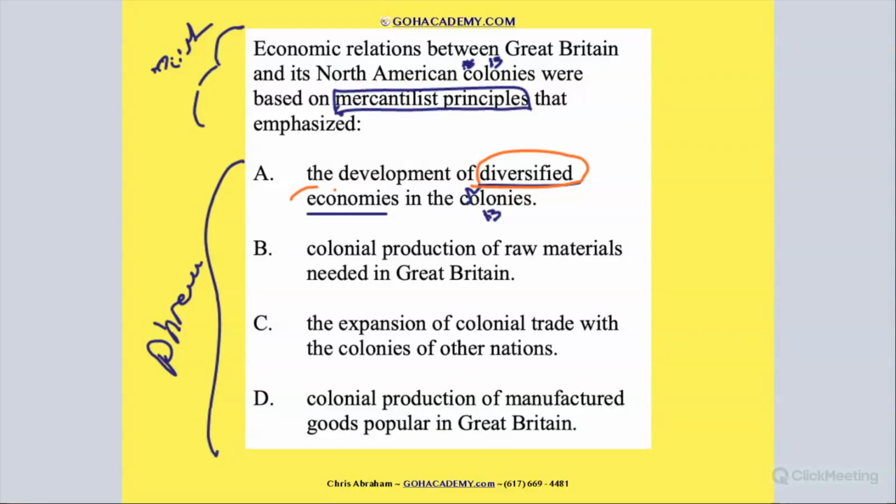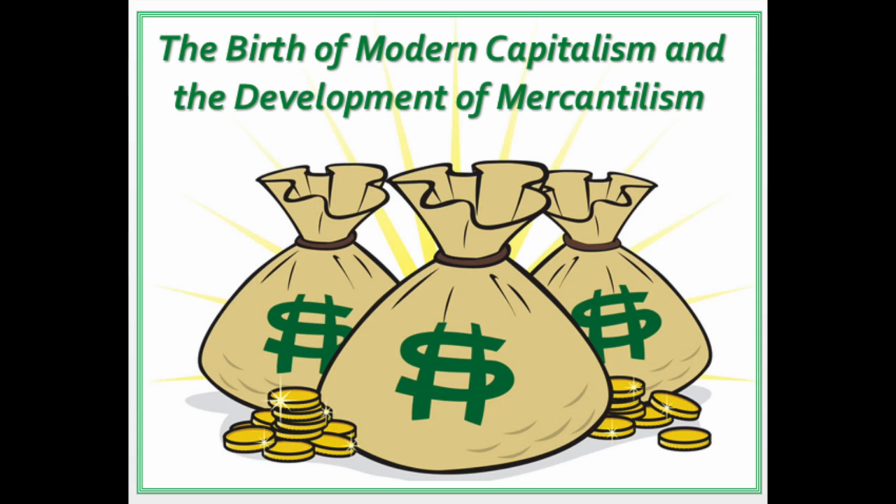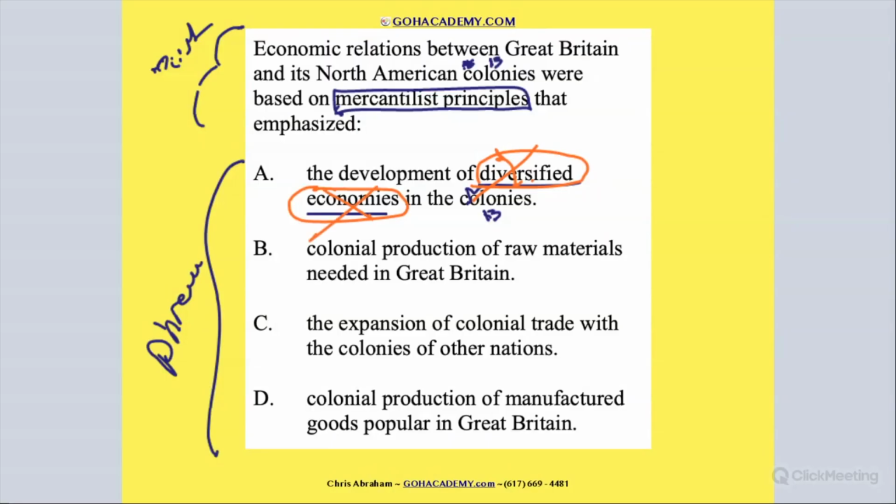Well, this would be an economy that held both factories and farms. This would be an economy that was producing, right? And this would be something that Great Britain would absolutely not want the 13 colonies to be doing. They don't want the 13 colonies to manufacture goods. So this would not be one of those principles for mercantilism, okay?